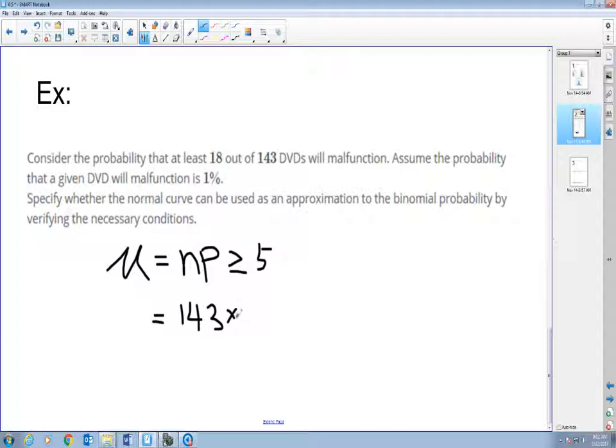Our success here is actually malfunction, 0.01. So that will give me 1.43. So this is not greater than 5. Alright.